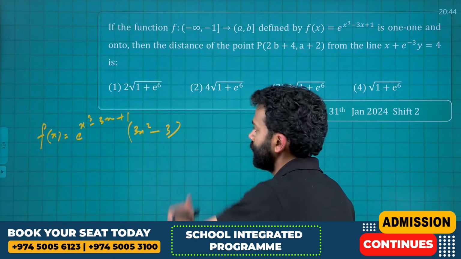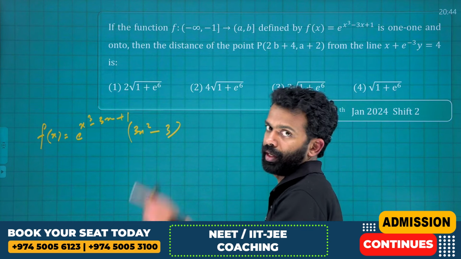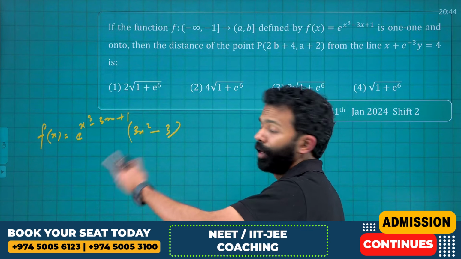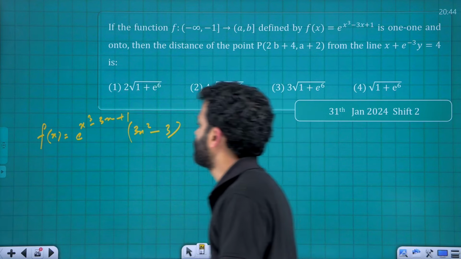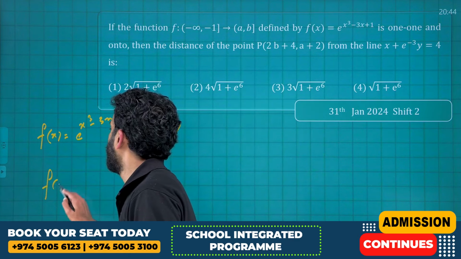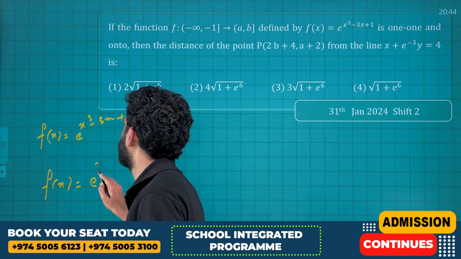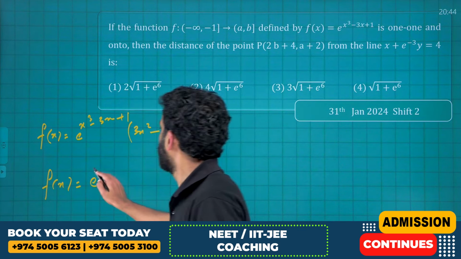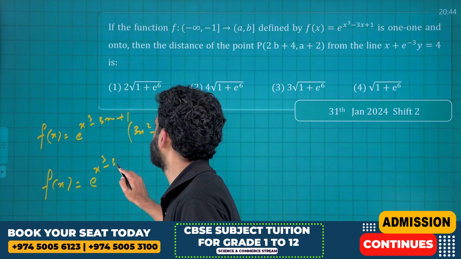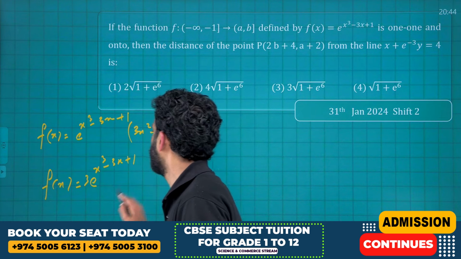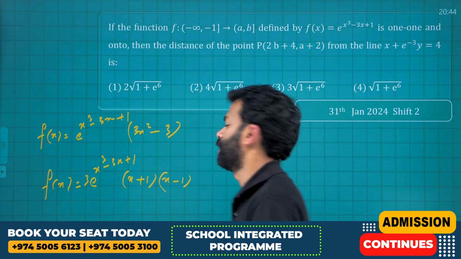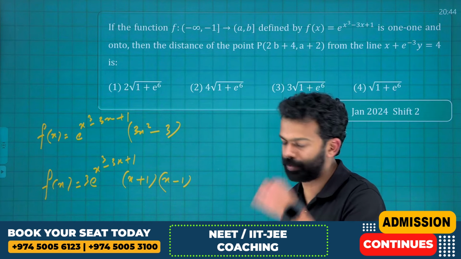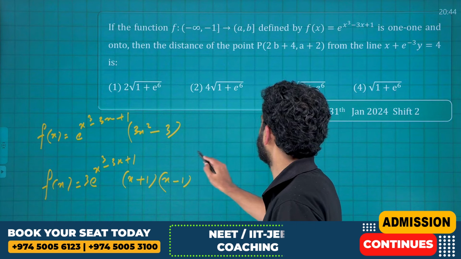Take 3 outside, it will be x square minus 1, 3 into x square minus 1. That can be written as x plus 1 into x minus 1. Therefore, f'(x) is equal to e raised to x cube minus 3x plus 1, we can put a 3 here, into x plus 1 into x minus 1.